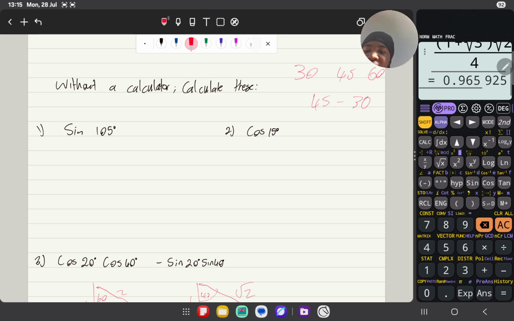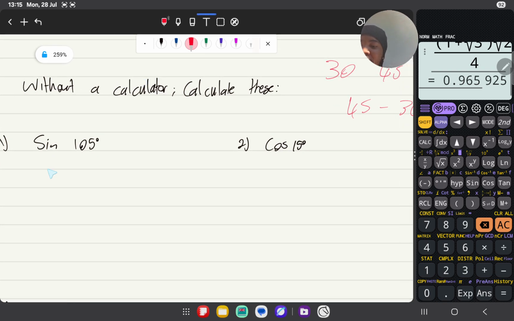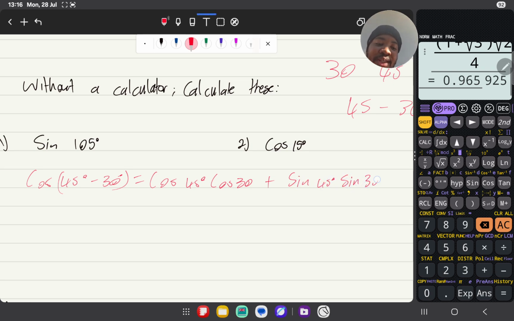So for number 2, I will say I have cos of 45 degrees minus 30 equals to cos 45 cos 30, then the plus, because cos of a difference gives a plus, and then we have sine 45 sine 30.